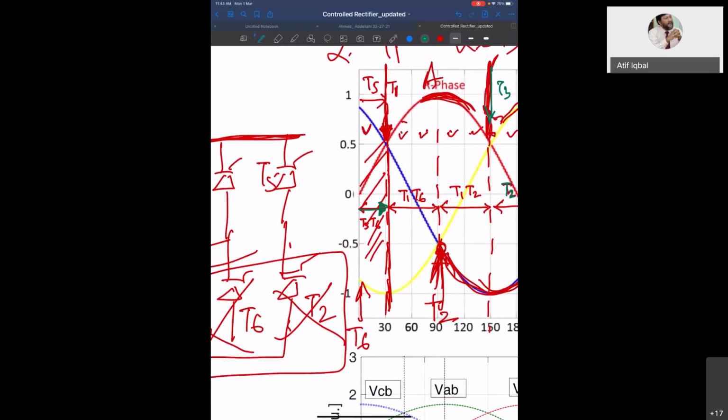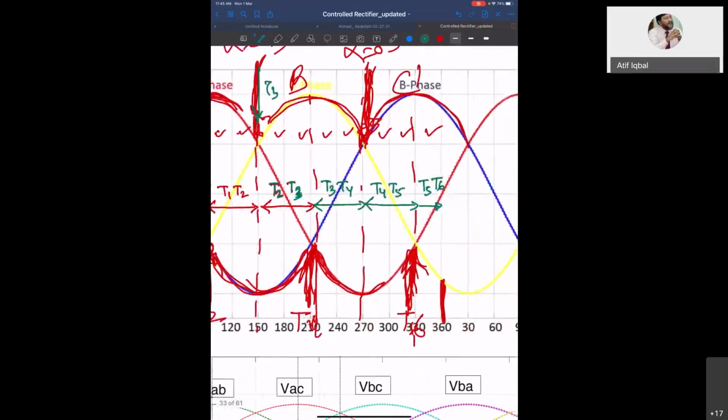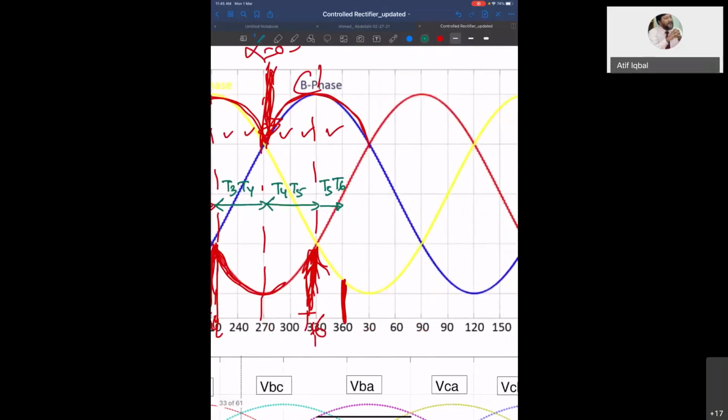Here. Because this is the symmetry, the 360 cycle completed. So here to here, you draw two squares, T5, T6.